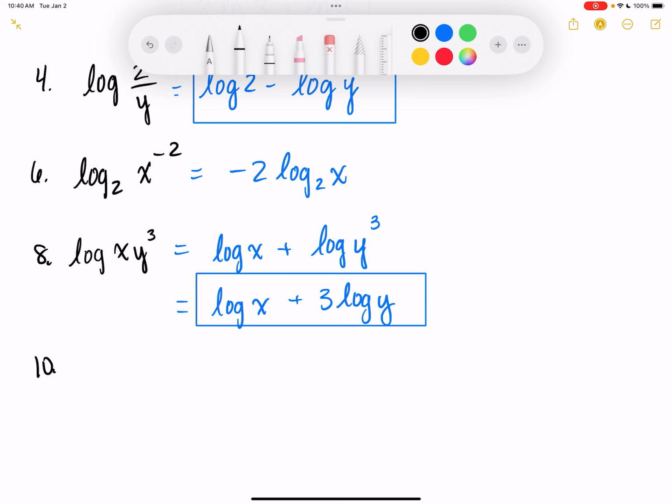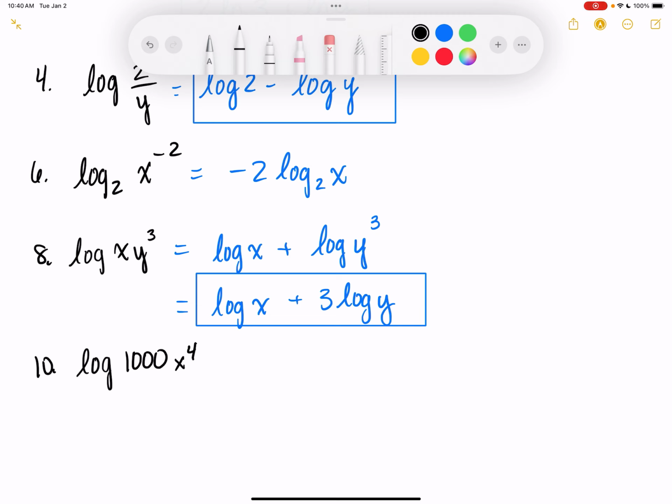10, we've got log of 1,000 x to the 4th. So this one's going to look a little different because of the nature of how it works.